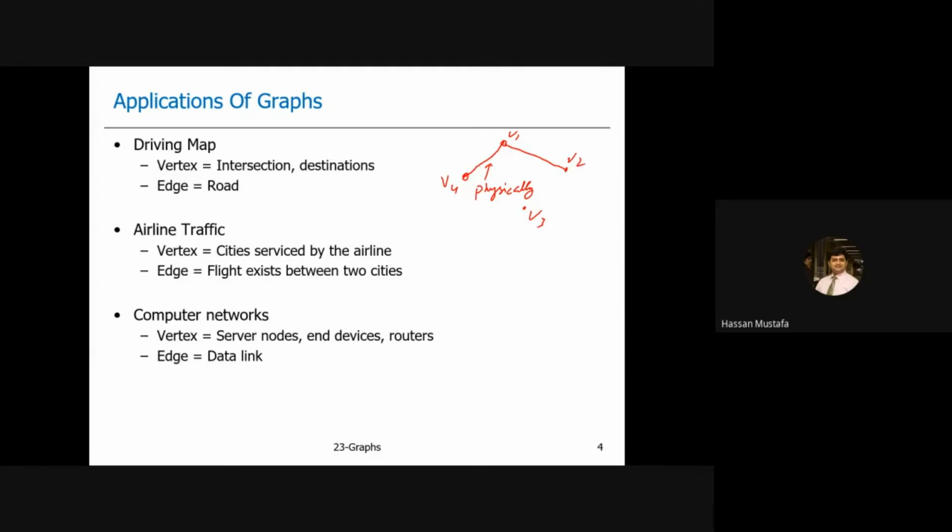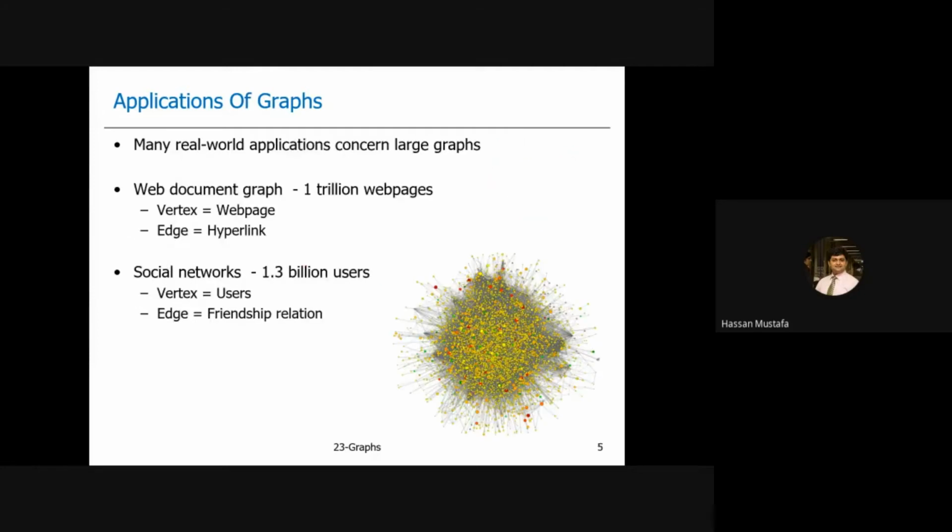Similarly, if we go to some recent applications of graphs, what you can see here is a mesh of different vertices, and then there are different edges between those vertices. This is an output of a visualization that we ran, in which we try to capture the web document graph.